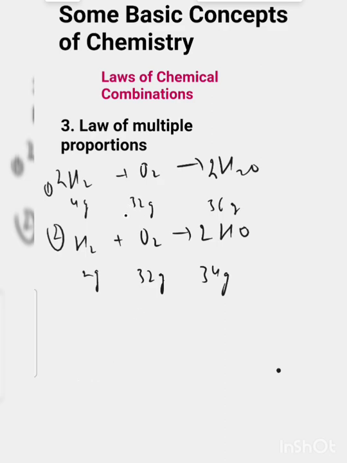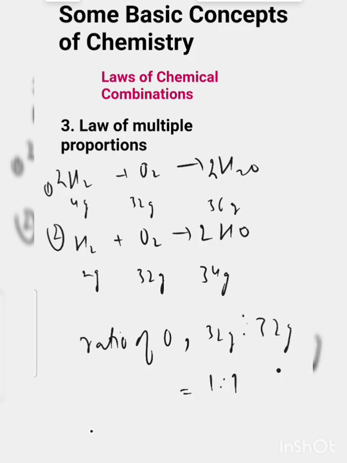You can see the mass of oxygen here is 32 gram, and here it is 32 gram. So oxygen used in the first reaction with respect to oxygen used in the second reaction is in 1:1 ratio, 32 gram to 32 gram. This is equal to 1:1, which is a whole number.